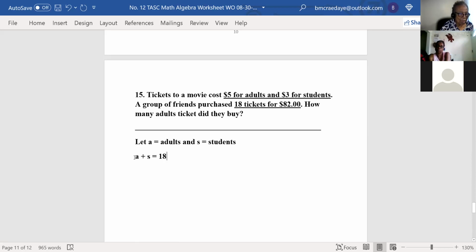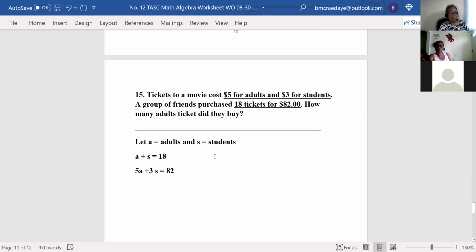So we can put the 5 here because $5 for the adults, $3 for the students, and that sold for $82.